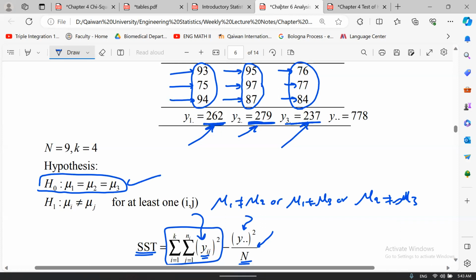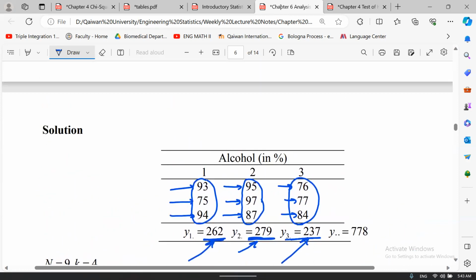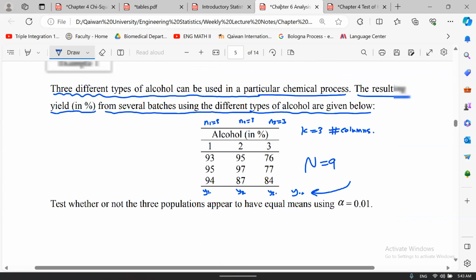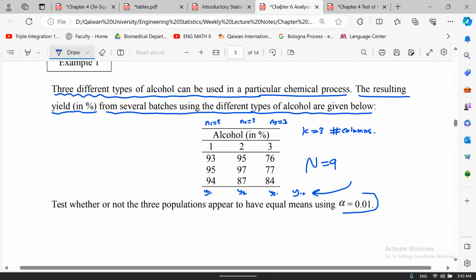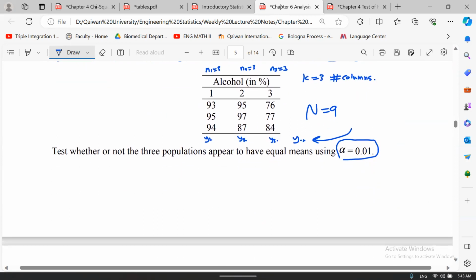We reject this one if F calculated is greater than F from the table. We are given that alpha is 0.01. This is alpha. We need to find F of alpha, K minus 1, N minus K.